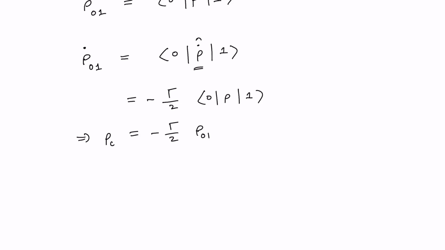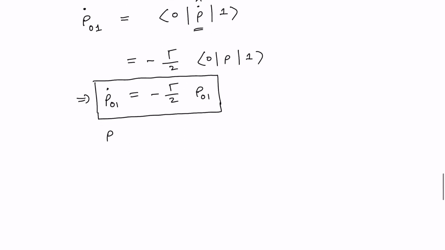So this tells us how the off-diagonal elements in the density matrix change with time, and you can similarly find the other element rho 1 0. The time rate of change of rho 1 0 is also going to give you minus gamma by 2 rho 1 0.